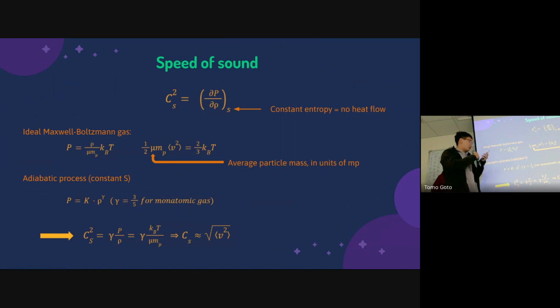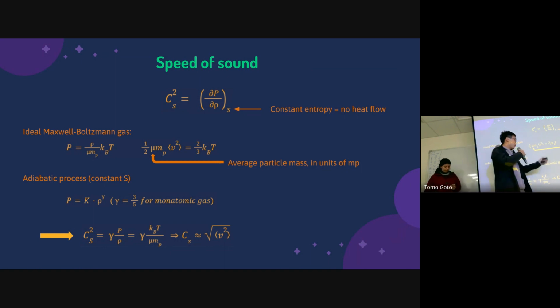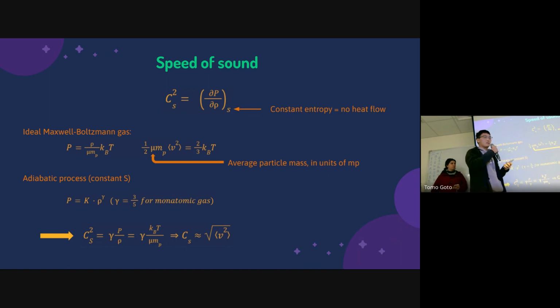The pressure will be equal to a constant K times density raised to another constant, gamma. And gamma for a monatomic gas is 5/3. So by calculation of these three equations, we can get that the speed of sound is equal to the average particle speed, or we can say the root mean square velocity. So this is my part.